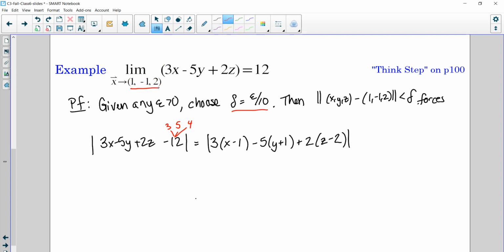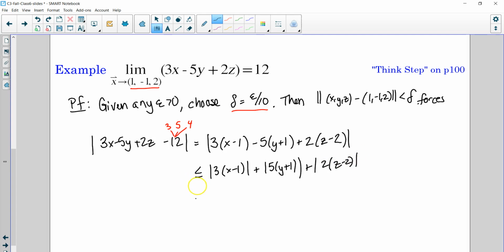That's where I'm approaching. Now the next step is where I get to use the triangle inequality. If you have to look that up, please do. What you end up getting is the absolute value of 3 times x minus 1, plus the absolute value of 5 times y plus 1, plus the absolute value of 2 times z minus 2.